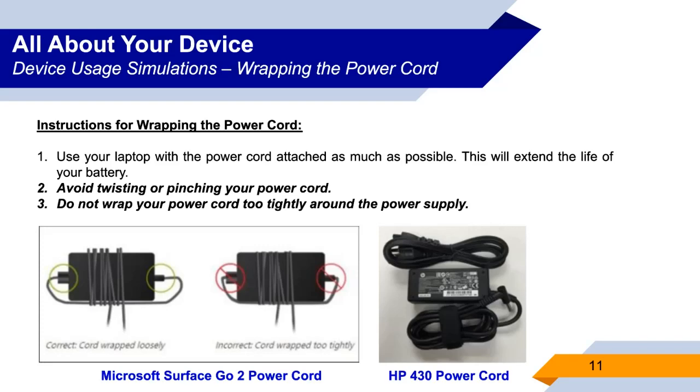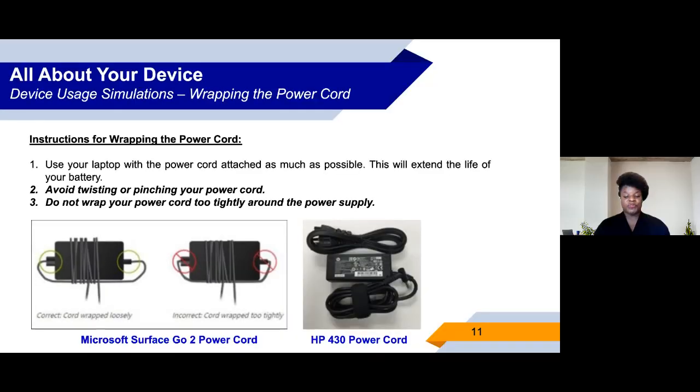Replacing device components can be costly. To avoid the need to replace your device's power cord, it is important to properly store it. Use your laptop with the power cord attached as much as possible. This will help to extend the life of your battery. Be sure to avoid twisting or pinching your power cord, and don't wrap your power cord too tightly around the power supply.